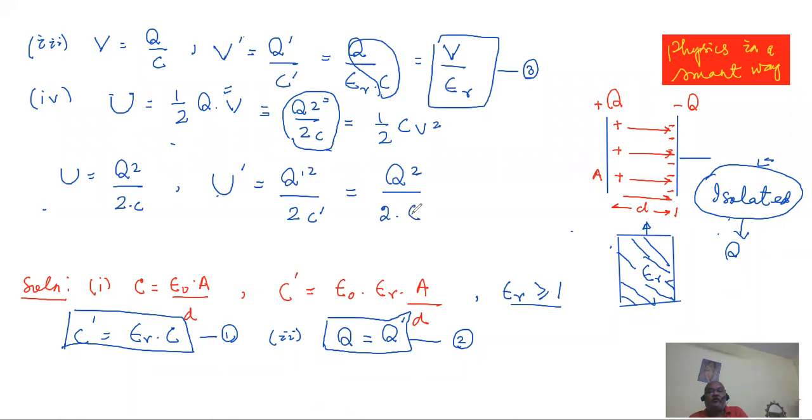But C dash, when you compare with C, becomes epsilon R into C. And this quantity, Q square divided by 2C, refers to the initial energy. So that becomes U by epsilon R. We clearly see that the energy is decreasing.